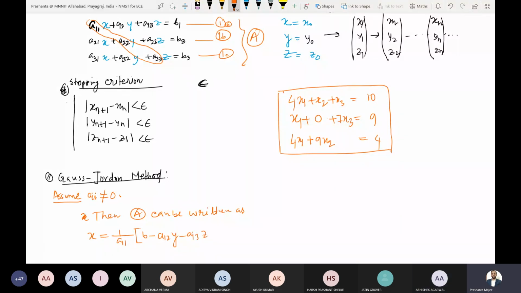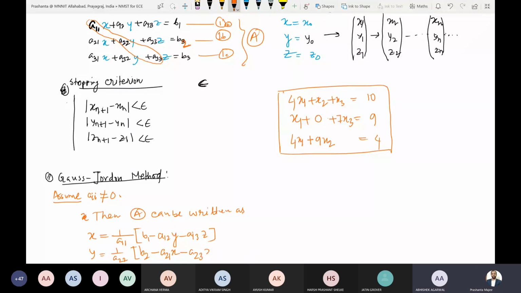What will be y? Solve for y from the second equation. y equals 1 by A22 into B2 minus A21 x minus A23 z.